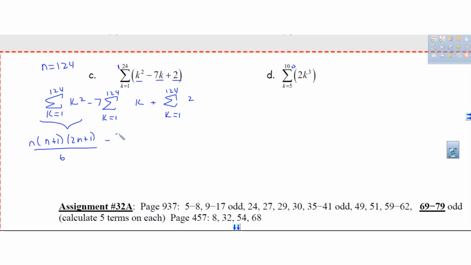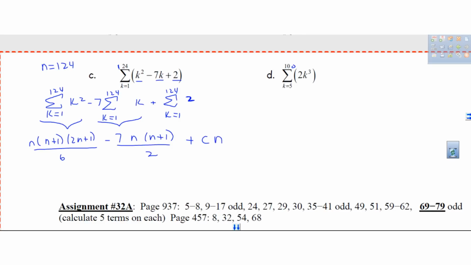Then I'm going to put a minus 7. Then the summation for this, k equals 1 to k equals 124 of k, I have to look at the formula for k, which is n times n plus 1 over 2. Then I do the third one. That's the constant formula, and that's going to be c times n.